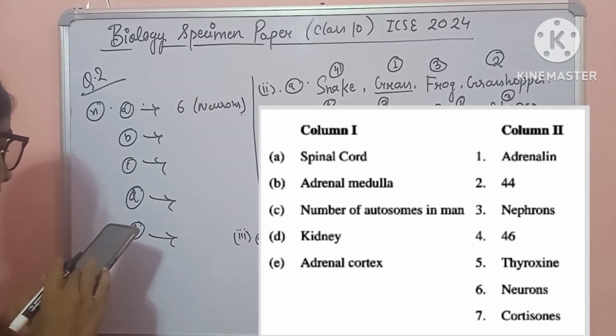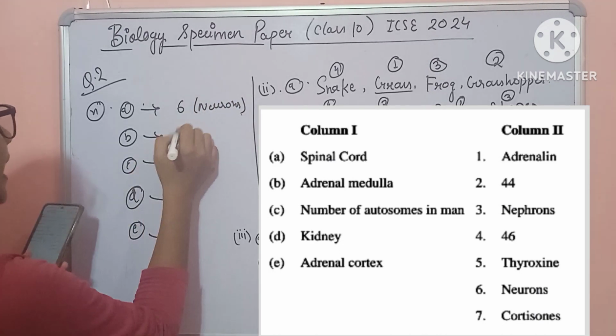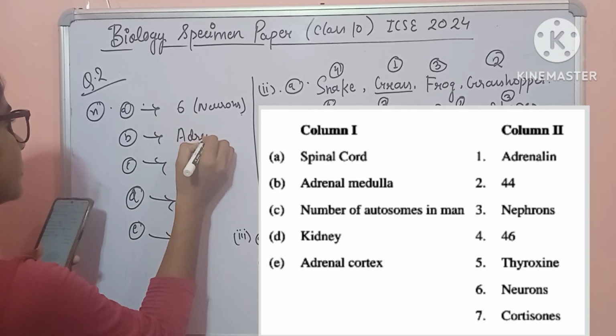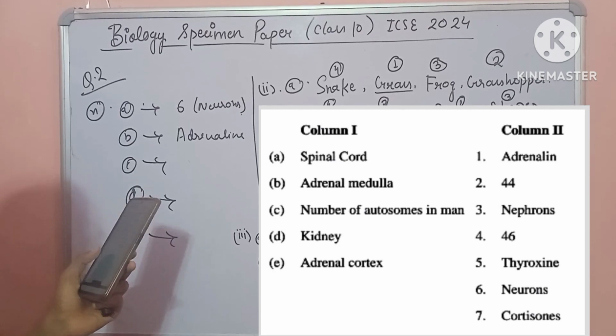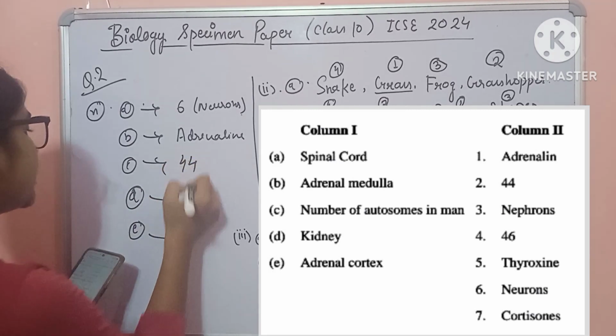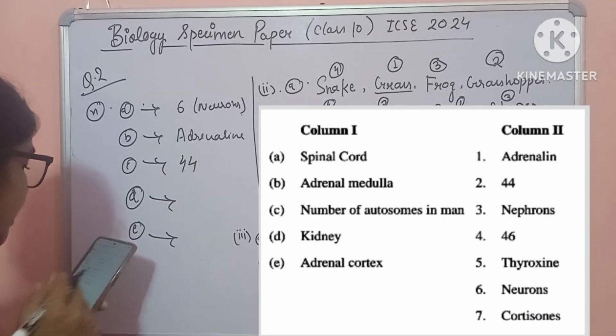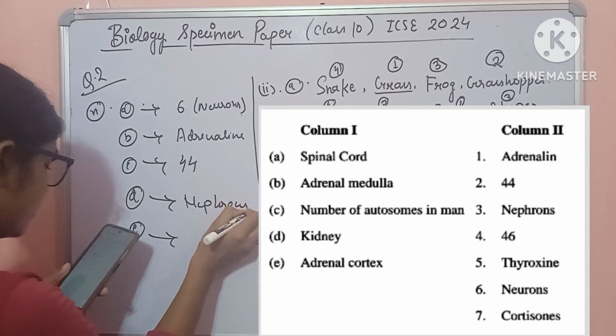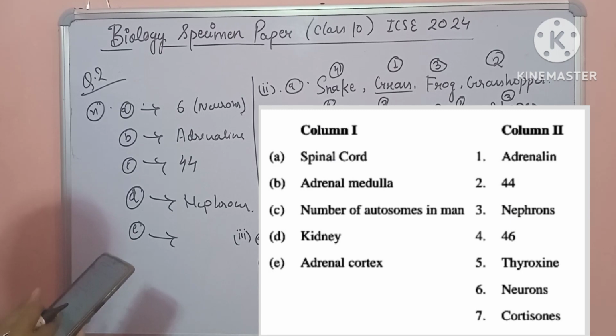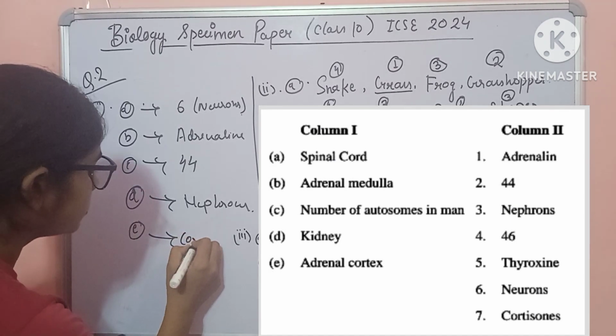Okay. Adrenal medulla, adrenaline, to first. Okay. Number of autosomes in man, 44. Kidney, nephrons. Okay. And the last, adrenal cortex, cortisols.